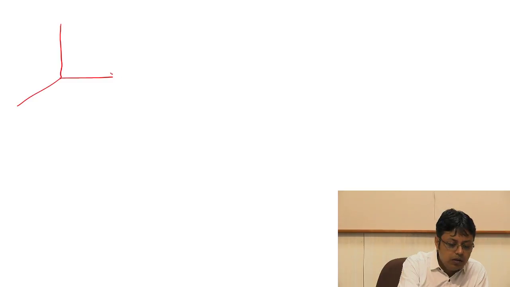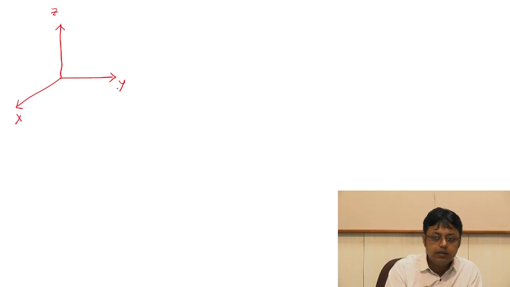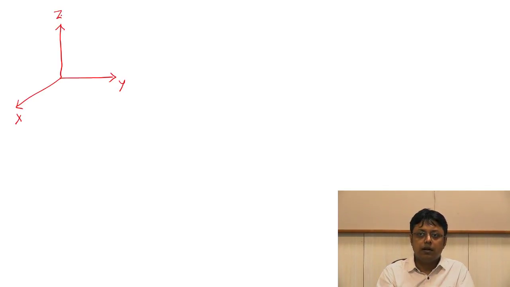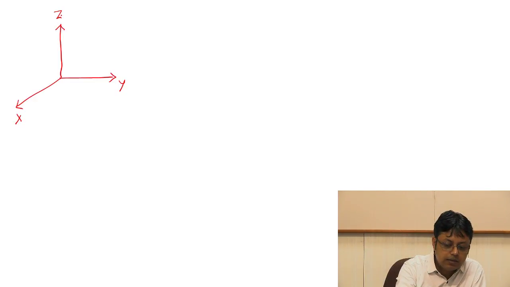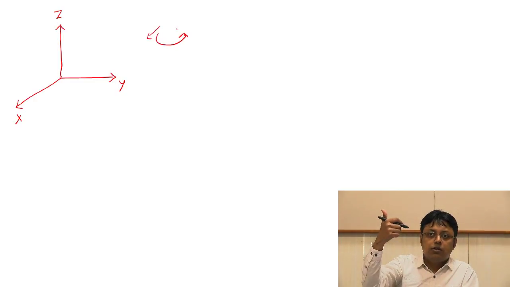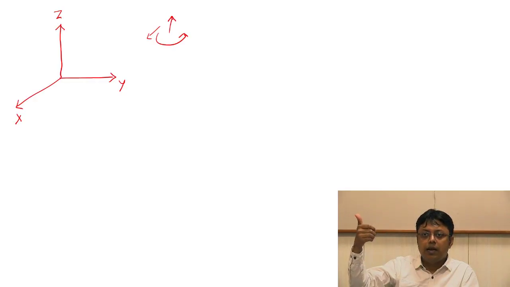So as before, you can argue that let us first draw the 3-dimensional space. I usually prefer to draw the XYZ axis like this. The reason is when you choose the x-axis and then rotate it towards the y-axis, then your z should point out, just like my right hand.